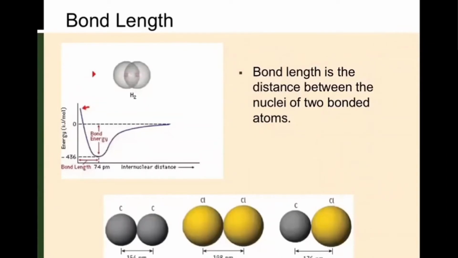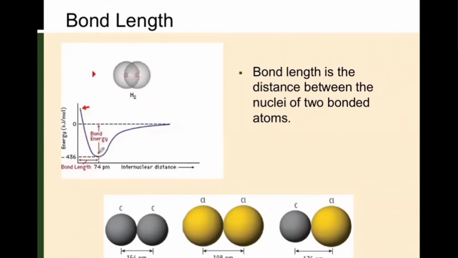Bond length then is inversely related to the strength of the bond. Bond length is the distance between the nuclei of 2 bonded atoms. We discussed this before whenever we were looking at covalent radii. Here we have a schematic of energy versus internuclear distance.